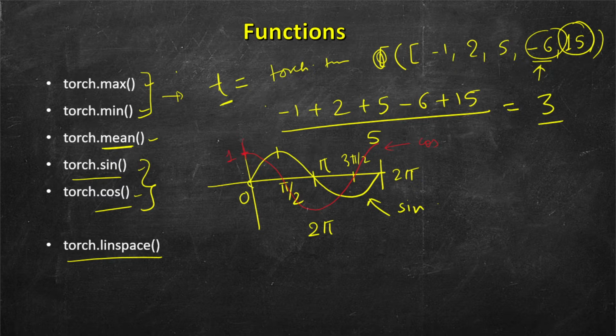So you can give a few values, like the list may contain 0, pi by 2, pi, 3 pi by 2, and 2 pi.